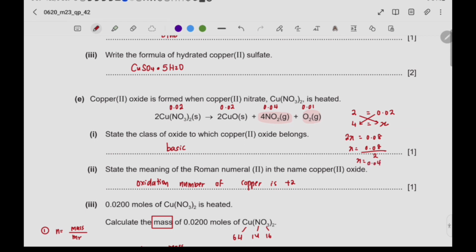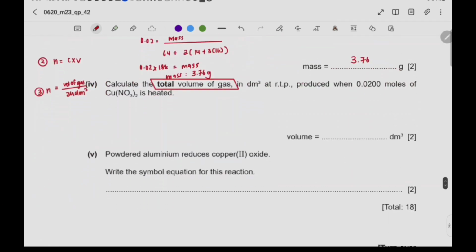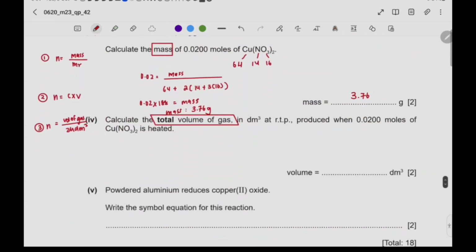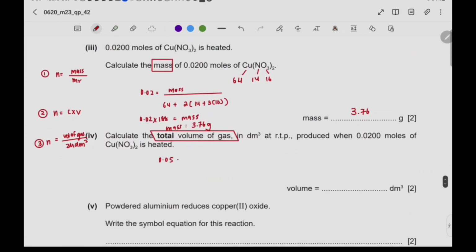Yeah, correct. I got confused. So basically you can see the total number of moles of gas is 0.05. So 0.05 equals volume of gas divided by 24. You know why 0.05? Because 0.01 plus 0.04. They want the total volume, so times 24. So volume of gas equals 1.2. Oh, simple.